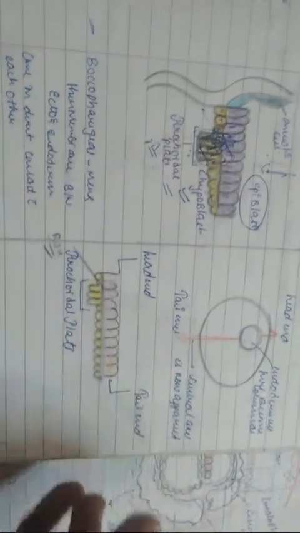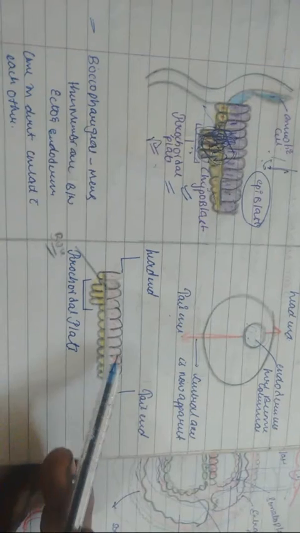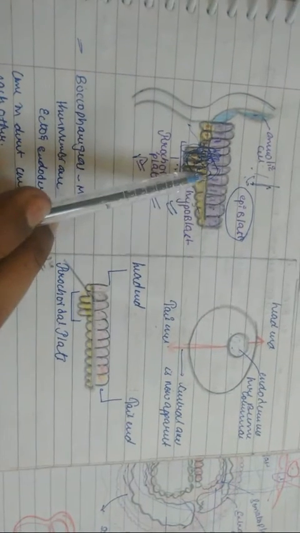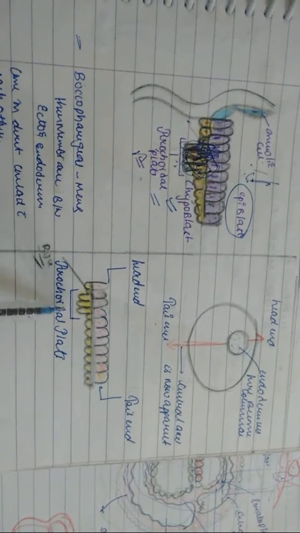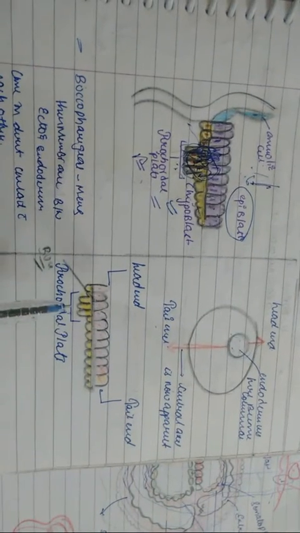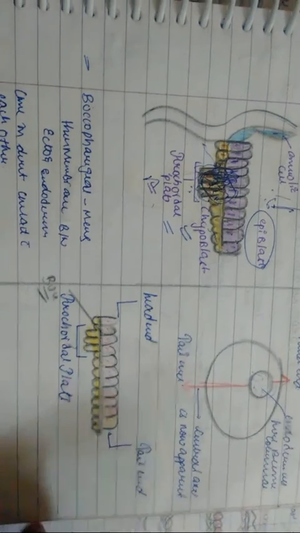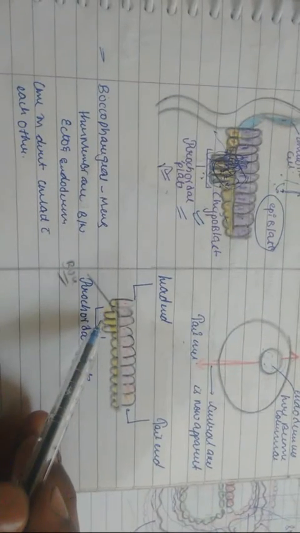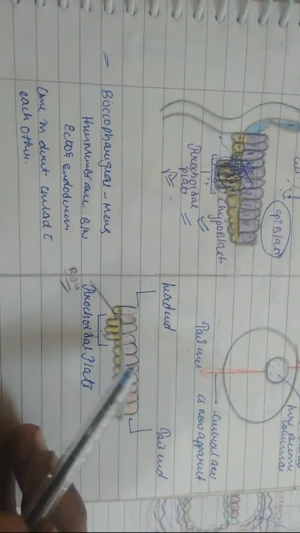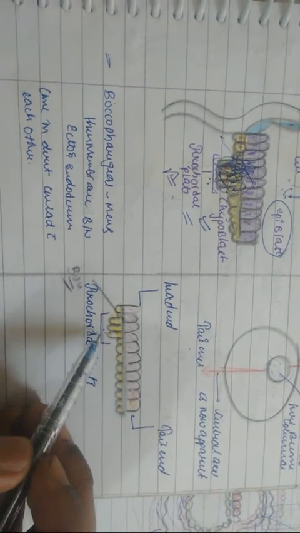And you can look at this prochordal plate, and this section I drew here. It determines the cephalic end or the caudal end. So let us see what it defines. It defines the future mouth. This prochordal plate forms the future mouth.